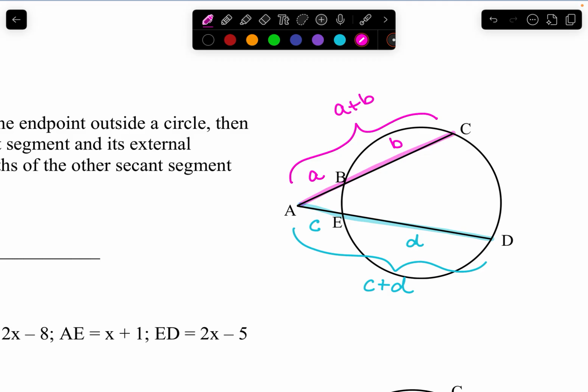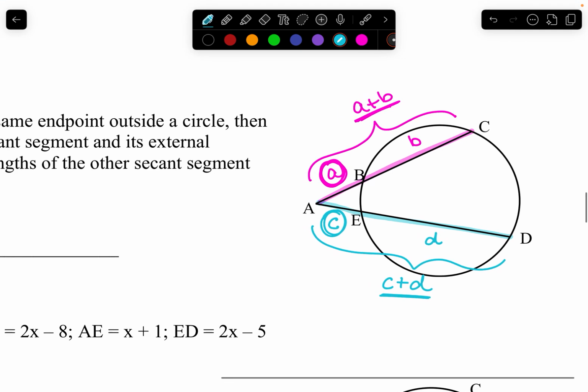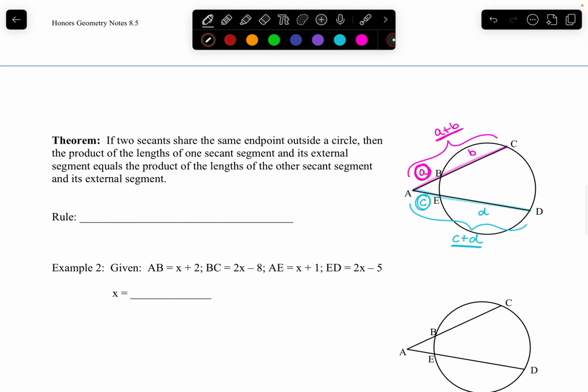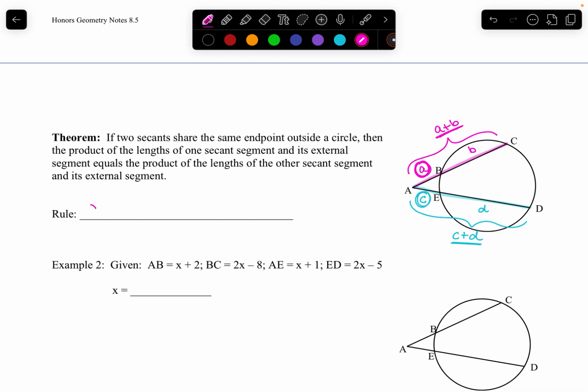When I look at two secants, what's really important to me is remembering that I have to use the outside portion more than once. It is on its own, and it is part of the full segment here and here, okay? So the way that this rule works is you have the outside portion times the full segment length.